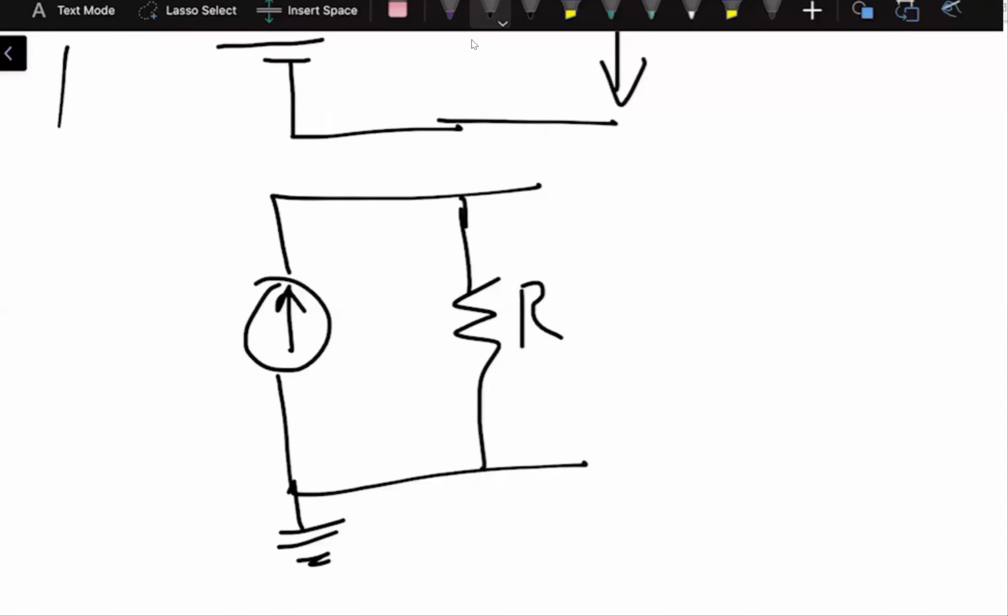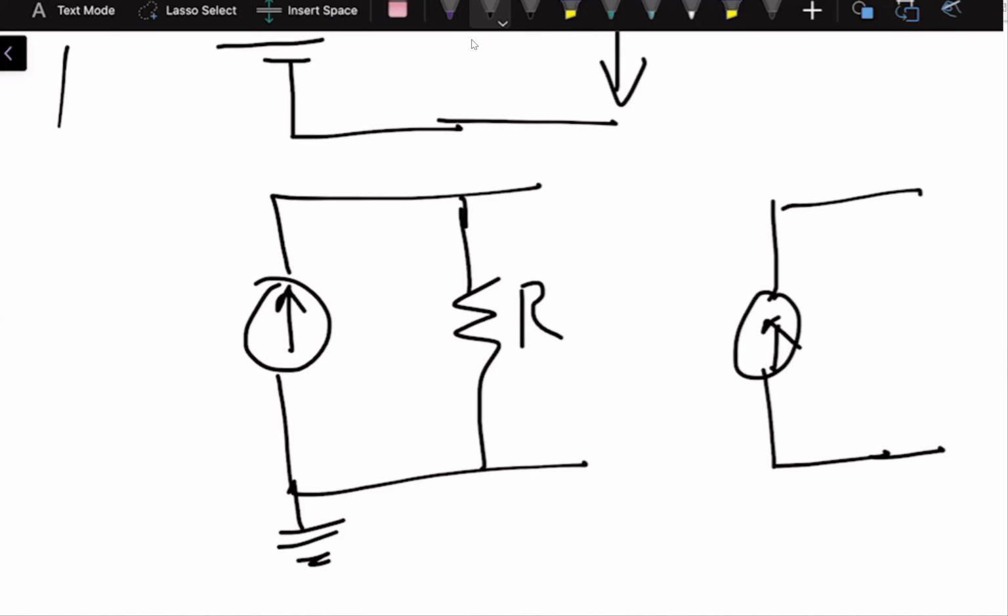In the ideal case, we have only the current source, and we say that the resistance connected in parallel to the current source has a very large value. A very large value means it is close to an open circuit.